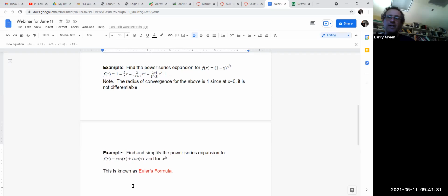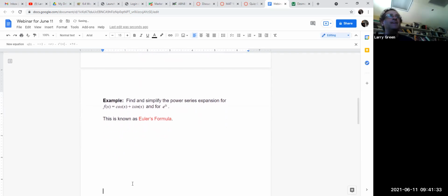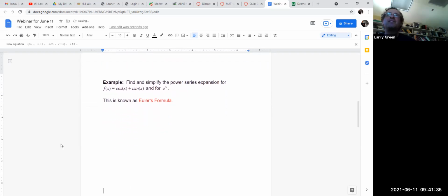Now I want to do an example. It's actually nothing new on this one, but it's so important it needs to happen. And this is called Euler's formula. I think it's one of the prettiest formulas in the world. Okay. So let's see if we can find and simplify the power series expansion for f of x equals cosine of x plus i sine of x.